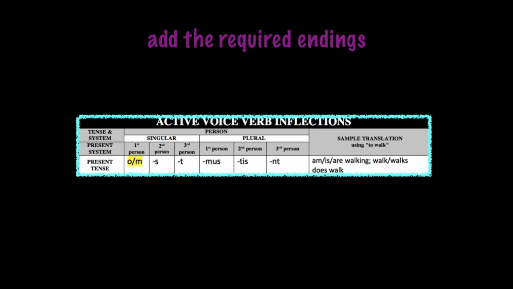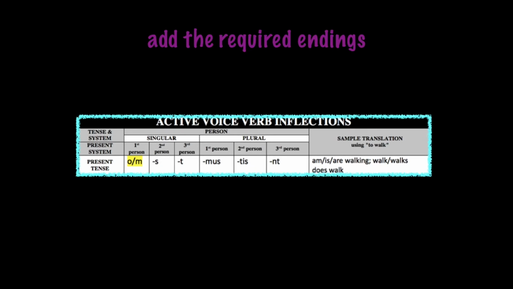The reason it's highlighted is because when we are writing the I form of the present tense, we do not need to follow the three-step process for writing a verb, where we first find the base, and then we attach a connecting vowel, and then we add the ending.